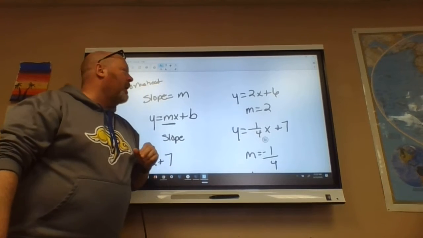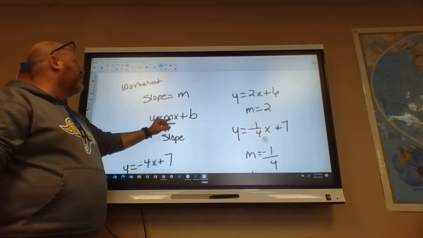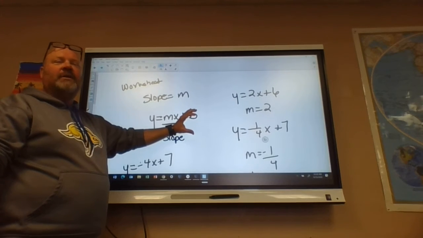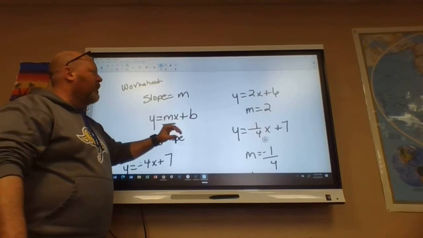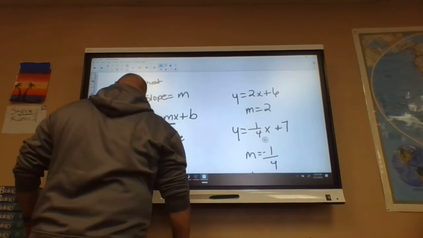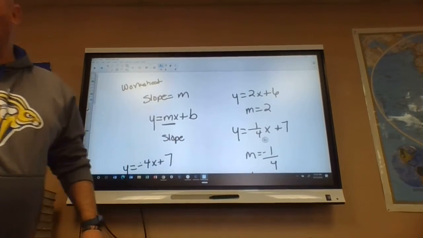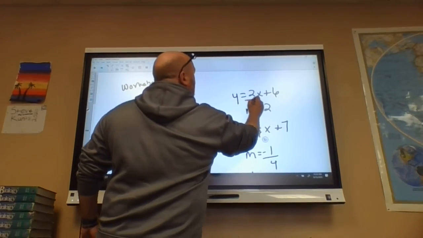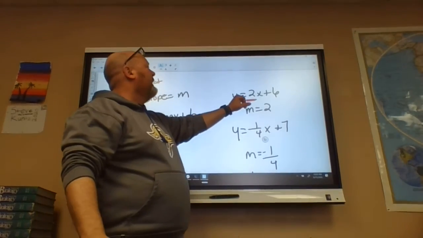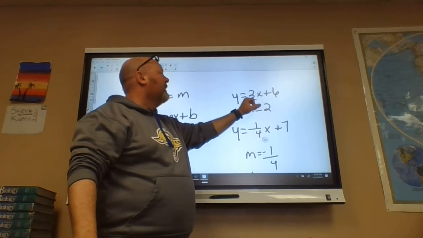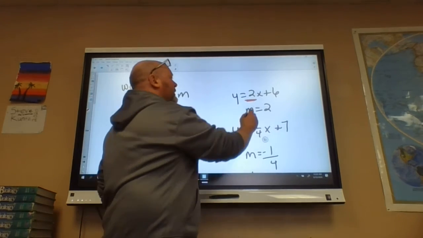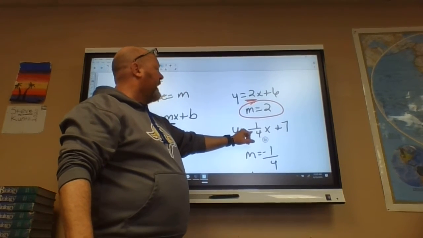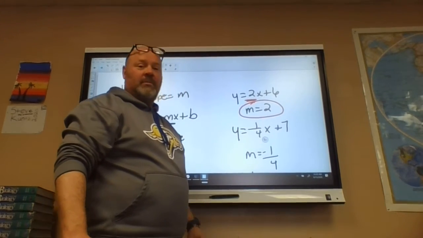Now, remember on our slope equation, y equals mx plus b. On the worksheet A, it says find the slope in the equation. So any number that's in front of the x is the slope. So I have y equals 2x plus 6. The number in front of the x is 2, so my slope is 2. In this one, I have y equals -1/4 x plus 7.